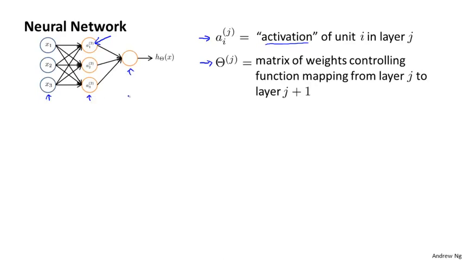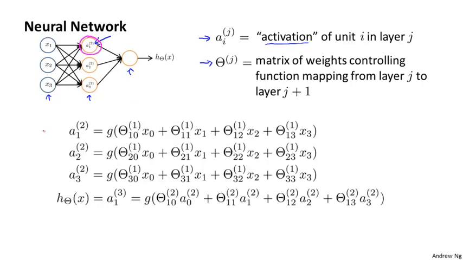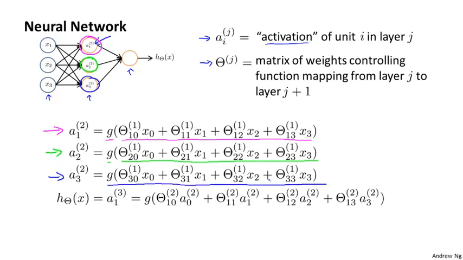So here are the computations represented by this diagram. This first hidden unit has its value computed as follows: A21 is equal to the sigmoid function, also called the logistic activation function, applied to this linear combination of its inputs. Then this second hidden unit has its activation value computed as sigmoid of this, and similarly the third hidden unit is computed by that formula.